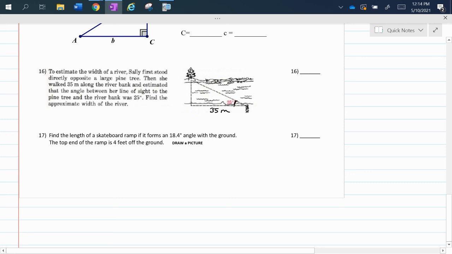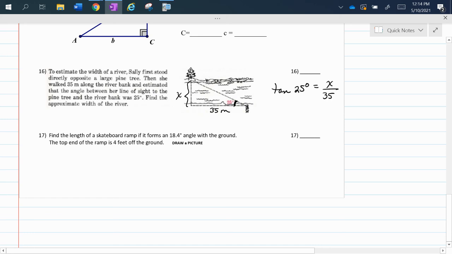So this right here is our angle of elevation. She's looking up at the tree, and the angle of elevation is 25 degrees. We want to find the width of the river. So the width of the river is here, and we'll call that x. That's what we don't know. So we have our angle, and we want to know what the opposite side is of that angle, and we have the adjacent side. Opposite over adjacent makes me think of tangent. So I'm going to say the tangent of 25 degrees is equal to x divided by 35.